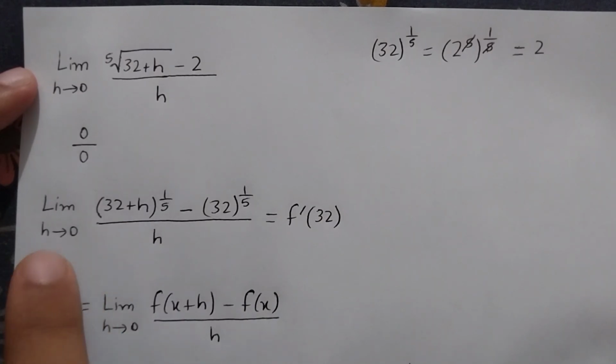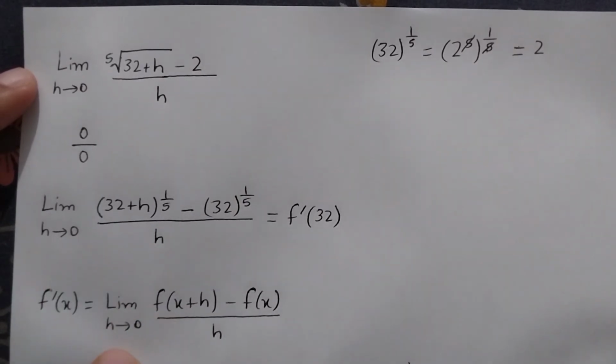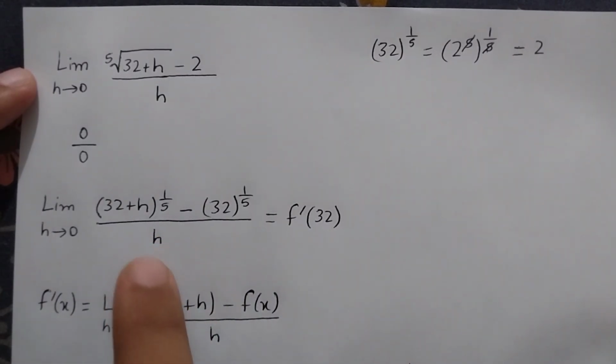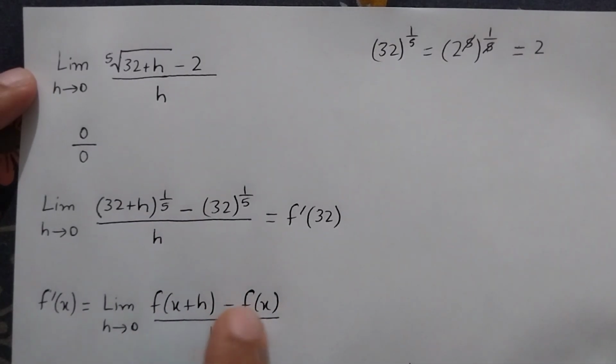In both of the limits, h is approaching 0. This is the same. In both limits we have the same denominator h, and in the numerator, in the definition of derivative, you have a function, and that function is taking two different inputs.